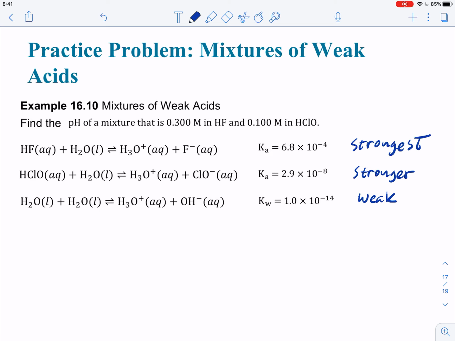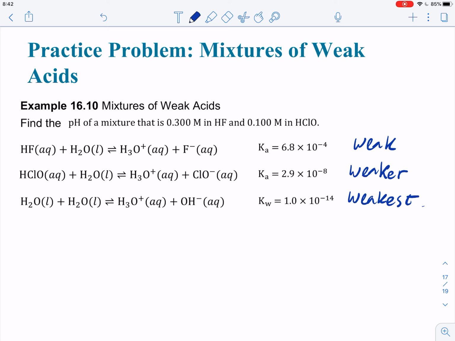Actually, we can start with weak, weaker, and weakest. Let's do that. Let's forget about strong, because you have an acidity constant, and they are all weak. So this is weak, this is weaker, and this is the weakest, so that we don't make a mess with the strong acids here.